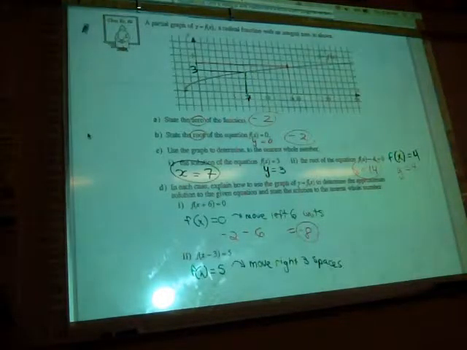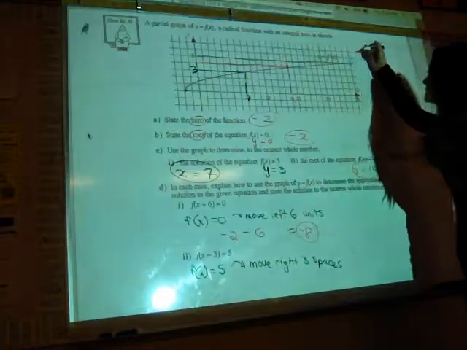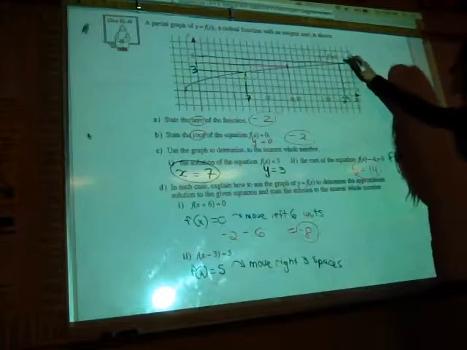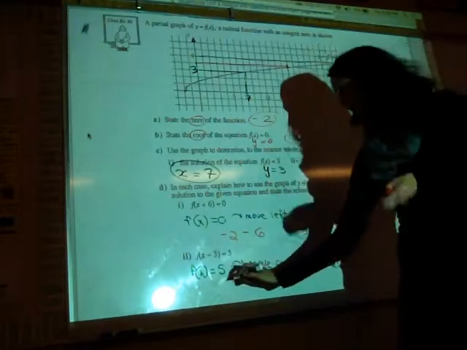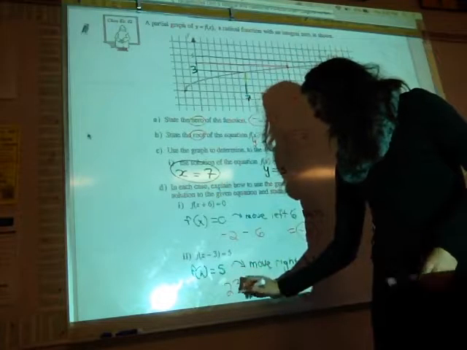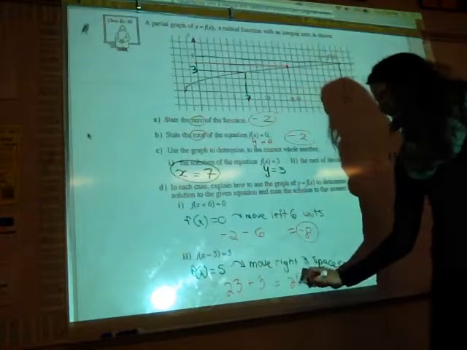Okay, so line it up. When y equals 5, what does that go to? 23? You guys getting that? Okay, so x is at 23. And if we move to the right, that means we have to add 3. And so we get 26.